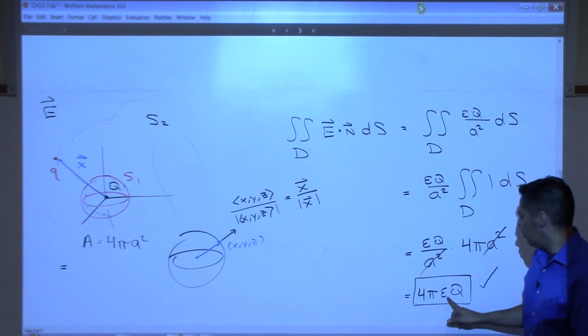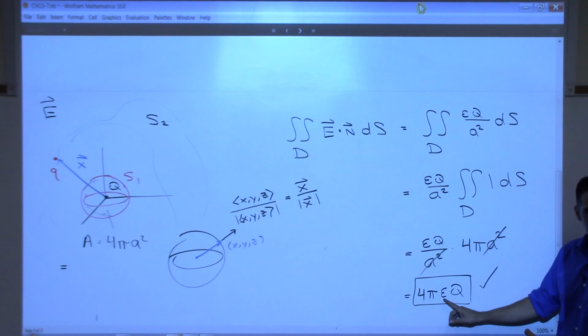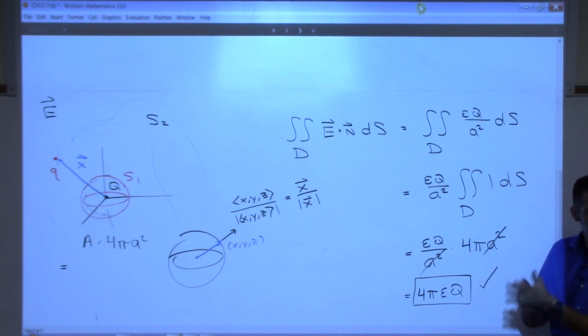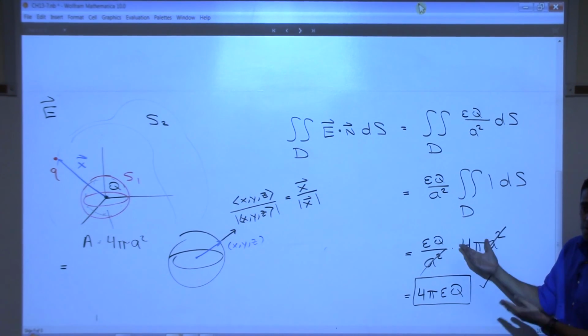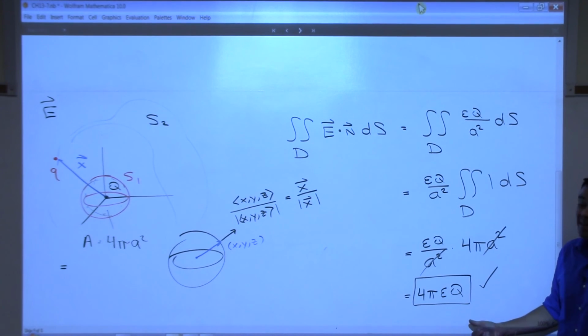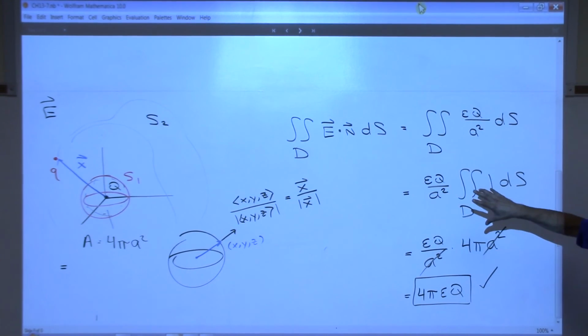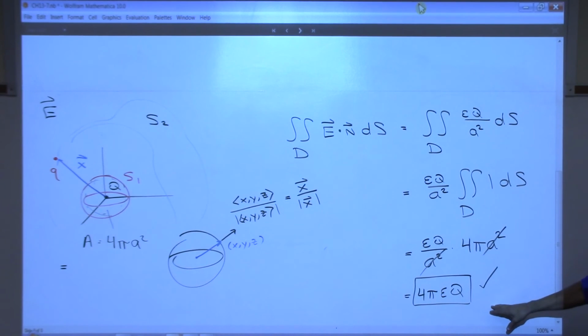Multiply it times the constant, which has to do with the units you're in, multiply by 4 pi, you're done. This was to show you where that formula comes from, and they all come from something, right? All these formulas come from some mathematics, and I wanted to illustrate how the divergence theorem is used to generate a formula like that.